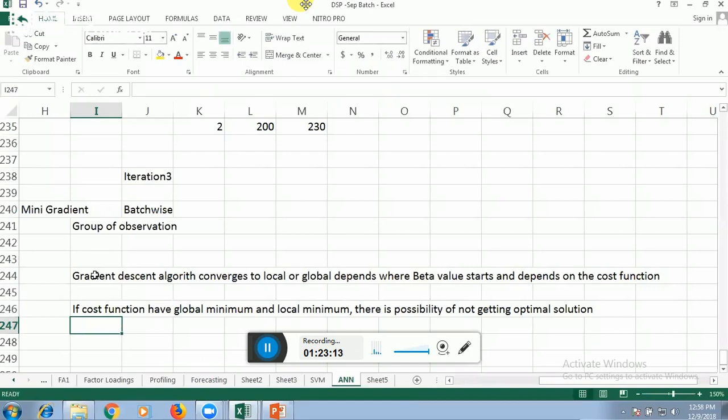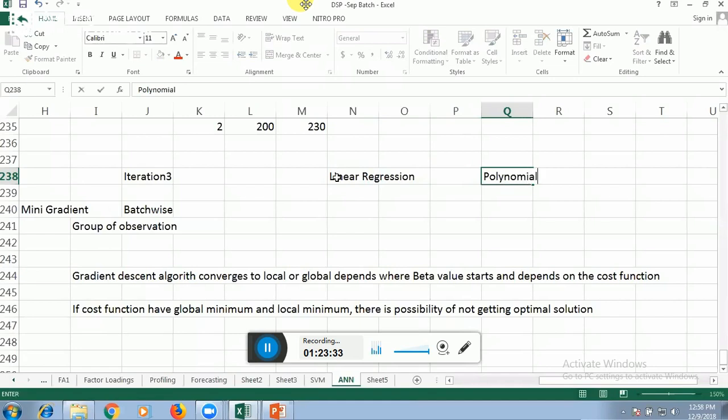What do I mean by optimal solution? Global minimum. Suppose a function has multiple minimas. But in our case, in minimizing the sum of squares of error in linear regression, what is your cost function? Polynomial function, right? Polynomial of order 2. So this cost function always has a global minimum.